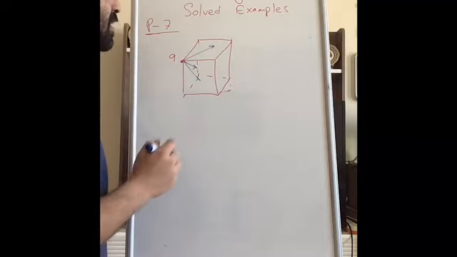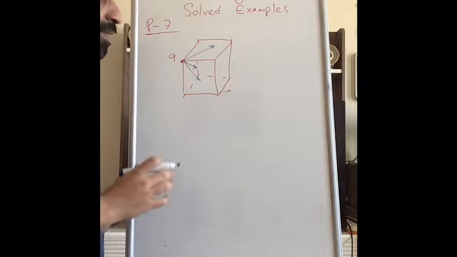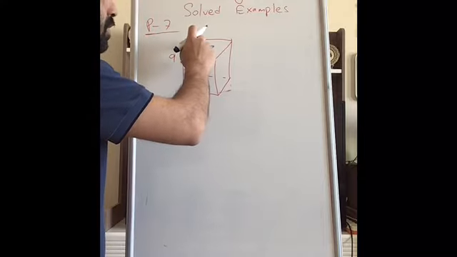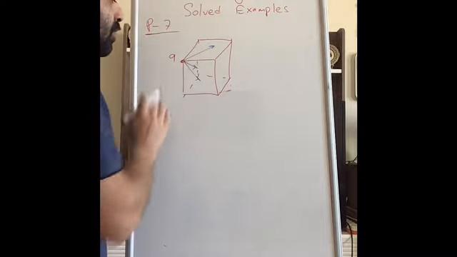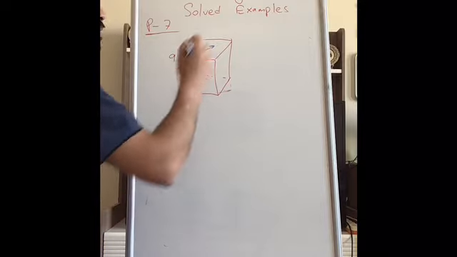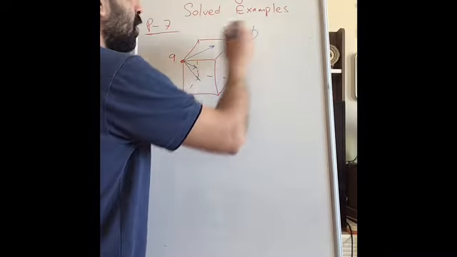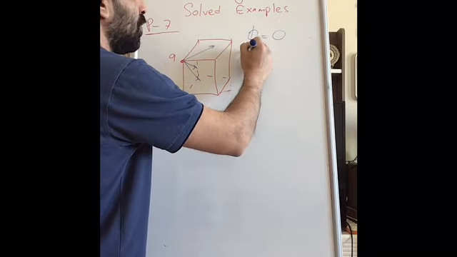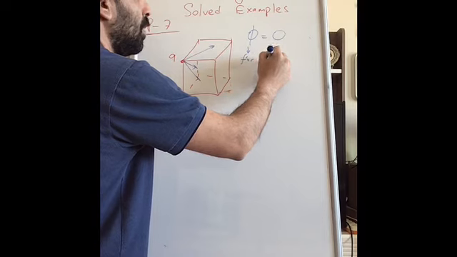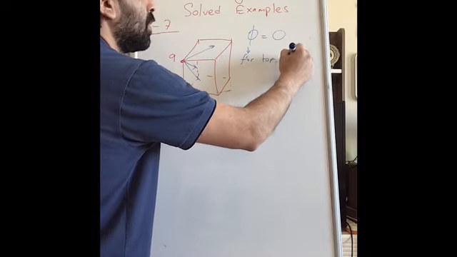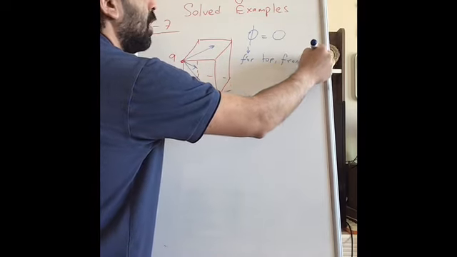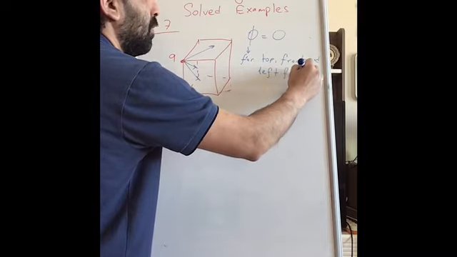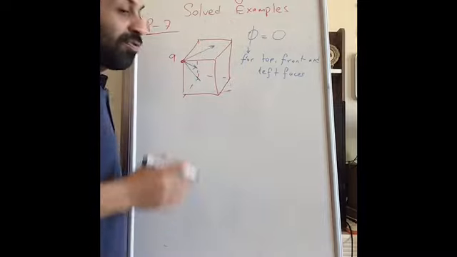So since there is no perpendicular electric field for the top, front, and left faces, the electric flux phi through these three surfaces will be equal to 0. Now we have three more faces.